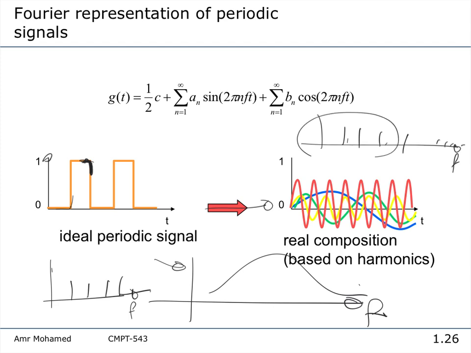But usually, if we end up using 3 harmonics only, or 4, we have a good approximation for representing this signal. And that's why if you reconstruct this signal at the receiver, usually you end up with something like this. You see, the sharp changes have been smoothed out.